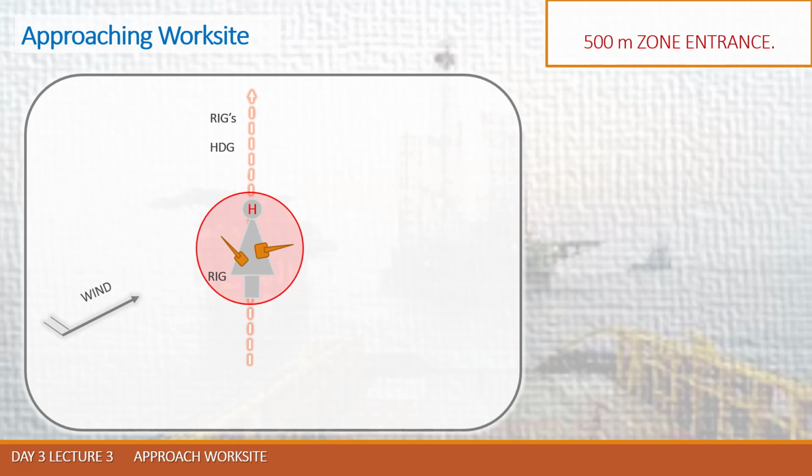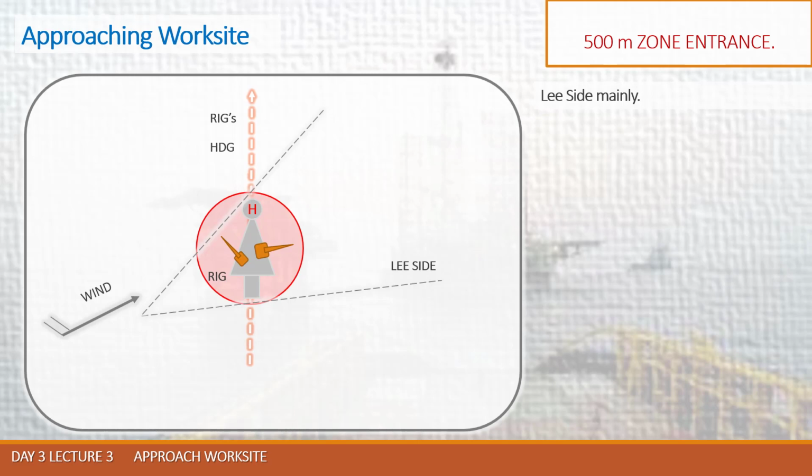As a general rule, under international law, we have a 500-meter zone, entrance into which is not allowed to any vessel. Entrance inside the 500-meter safety zone may be performed only after permission is provided from the installation, both in writing and verbally.